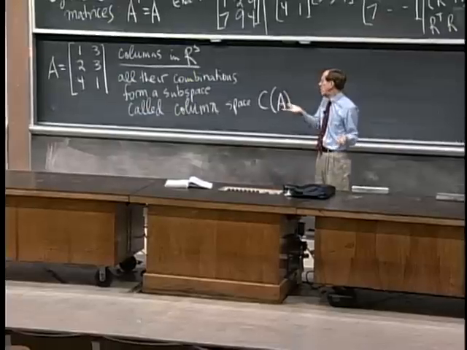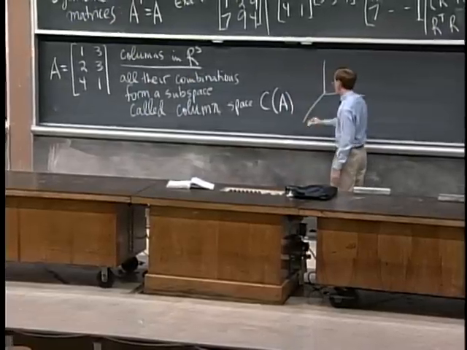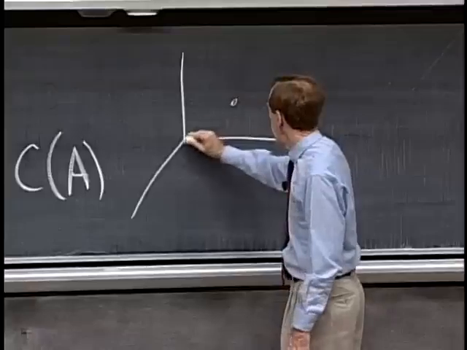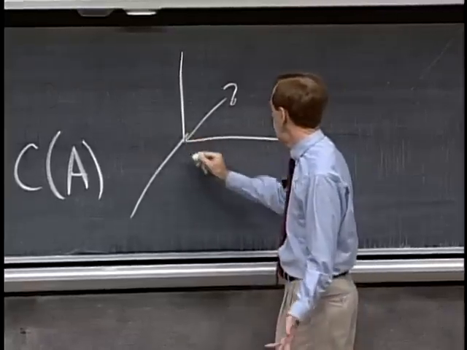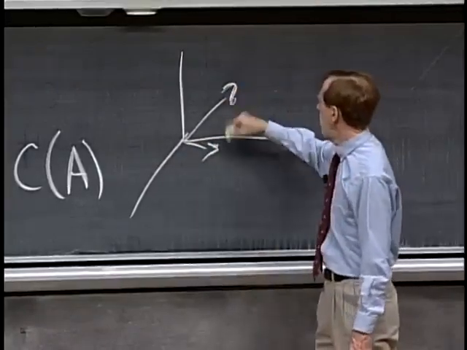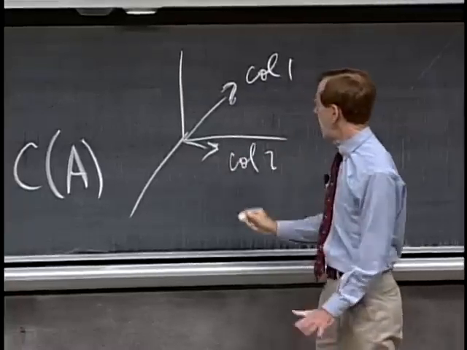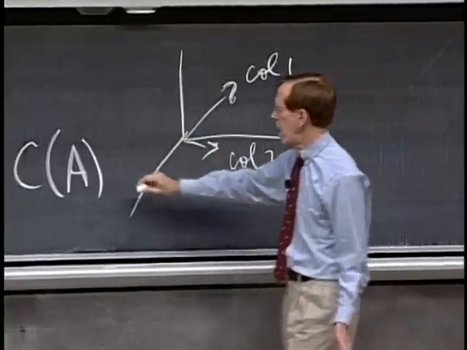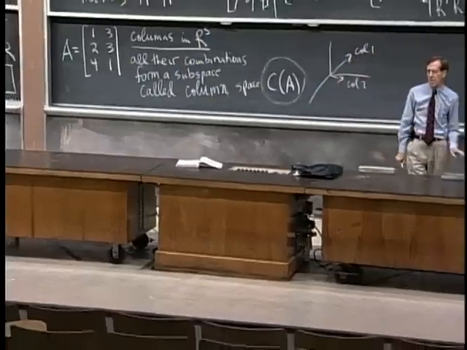So tell me, geometrically, if I drew all these things, like if I drew 1, 2, 4, that would be somewhere maybe there. If I drew 3, 3, 1, who knows, I'll say there. There's column 1. There's column 2. What else? What's in the whole column space? How do I draw the whole column space now?